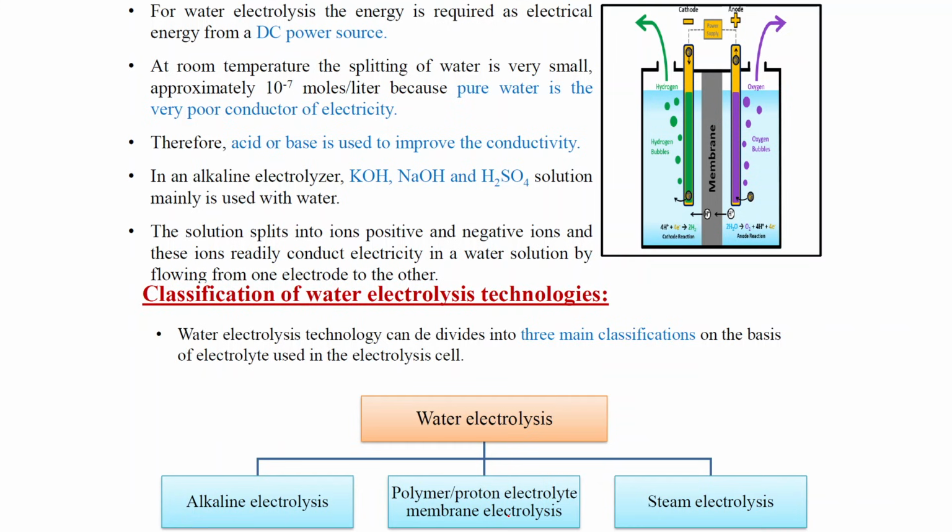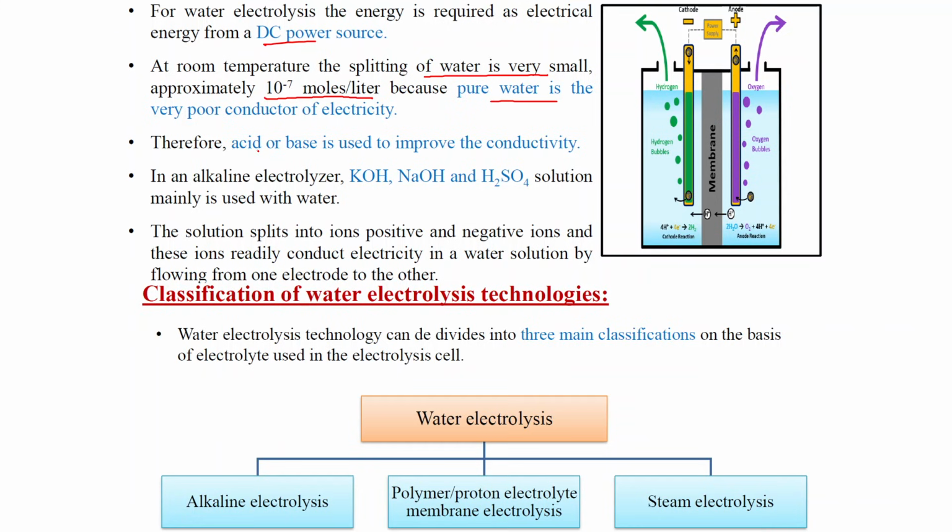For water electrolysis, the energy is required as electric energy from a DC source. At room temperature, the splitting of water is very small, approximately 10 to the power minus 7 mole per liter, because pure water is basically a very poor conductor of electricity. So if we add some amount of salt, acid or base to water, it can improve its conductivity and make it a bit easier for the splitting of water.